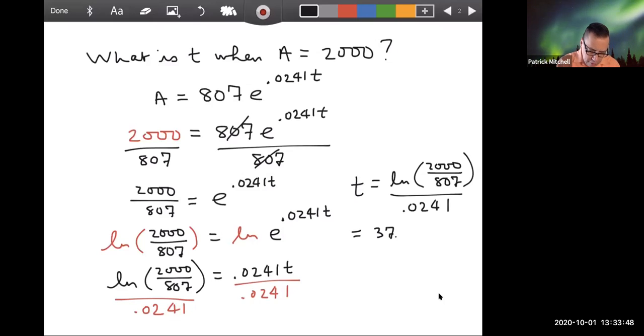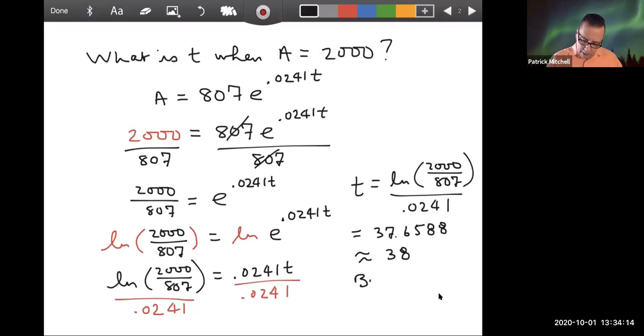Okay, and the question was by which year? So of course years are always expressed in whole numbers. So we'll round that to 38. Now remember, t represents the number of years after 2000. So this means 38 years after 2000, the population will reach 2,000 million.